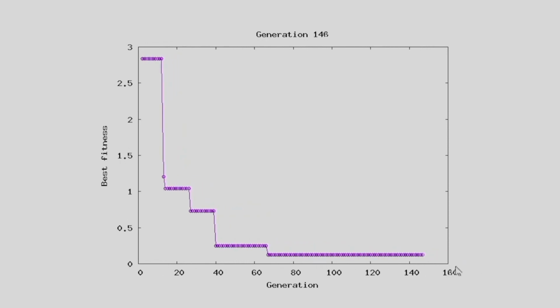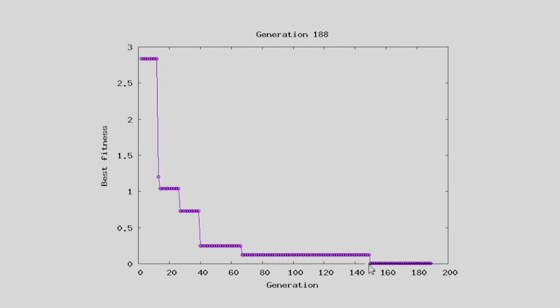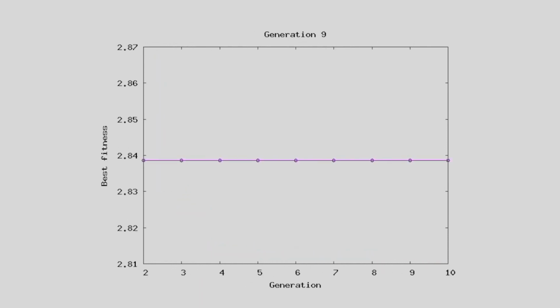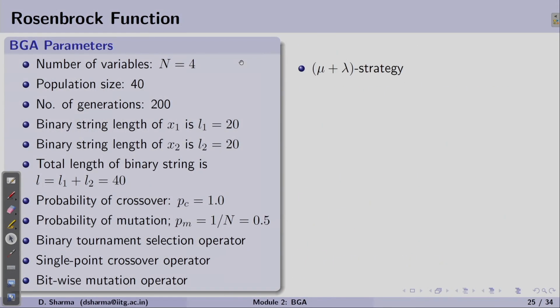Somewhere close to 150, BGA generated a solution quite close to the optimum solution. Till now, what we have solved for the Rosenbrock function is a two variable problem.